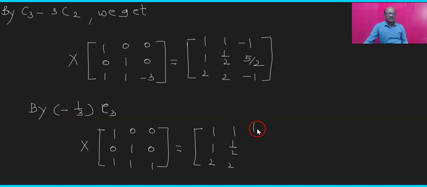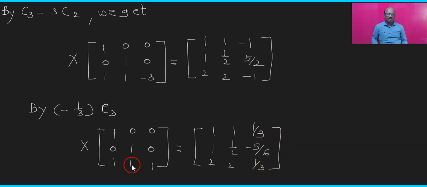Therefore here is 1 upon 3, next is minus 5 by 6, and lastly 1 upon 3.